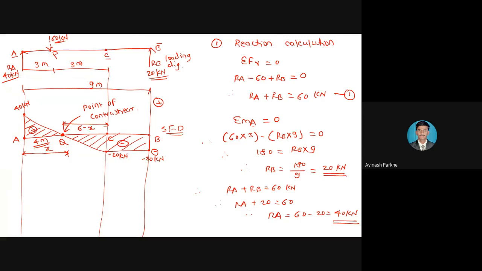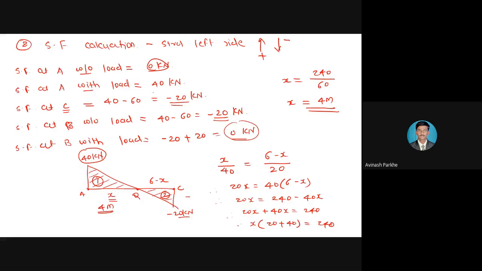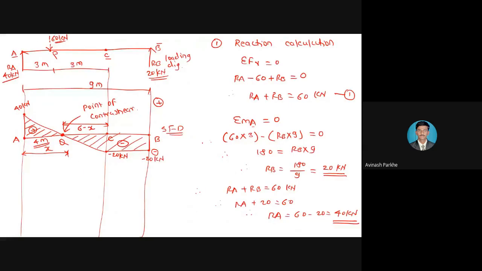But this 60 kilonewton force rotates in the anti-clockwise direction. So what I will do, I will start with the first point, that is 40 into the distance between point A and C, 3 plus 3, 6 meter.